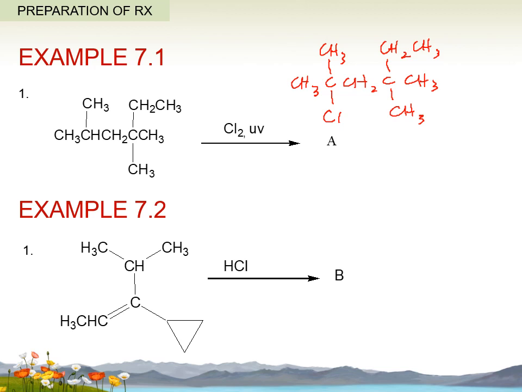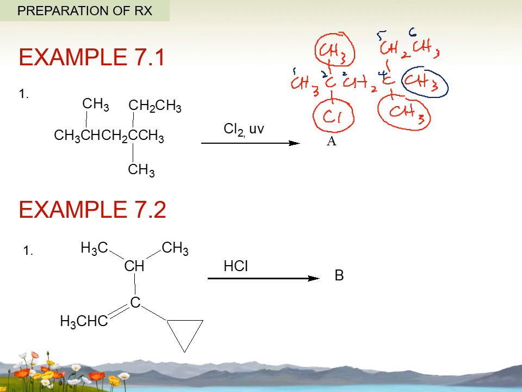Therefore, this is our product. Let's name it. This is chlorine at carbon number 2, a substituent and a substituent. How many carbons do you have? 1, 2, 3, 4, 5, 6. This is a hexane. Oh, we have another substituent over here attached to carbon number 4.